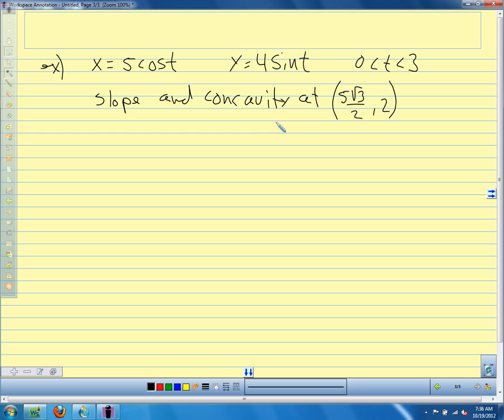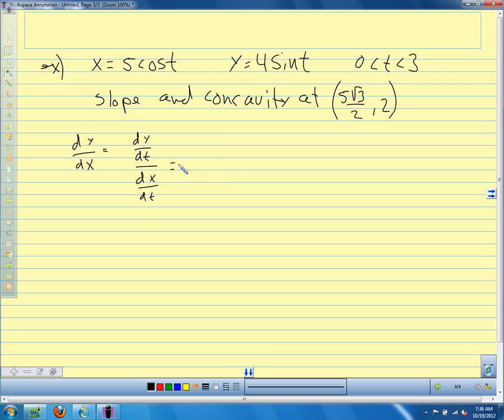So we want to find the slope. Slope is dy/dx, and we said that is dy/dt over dx/dt.